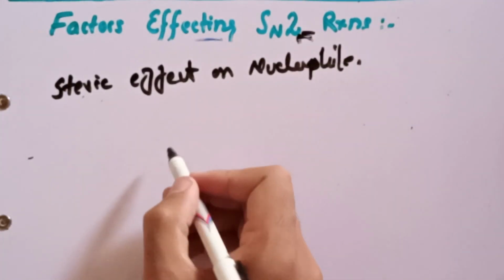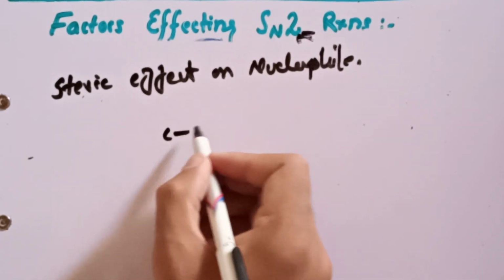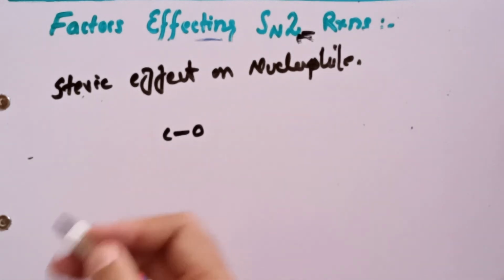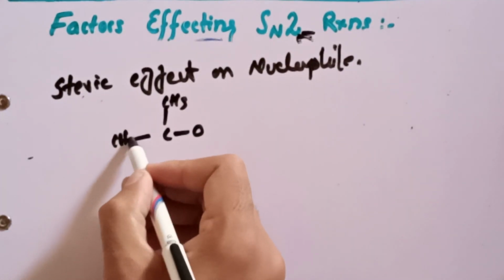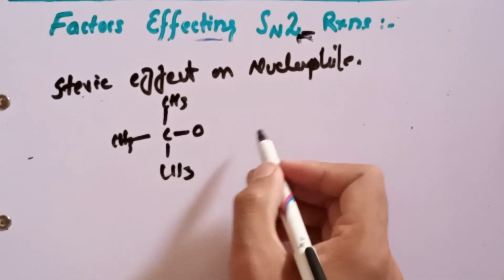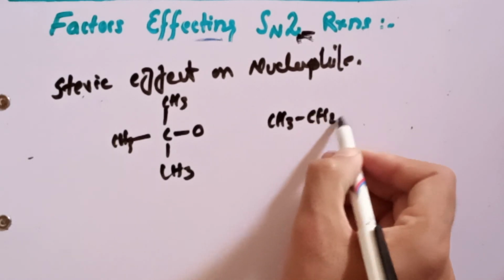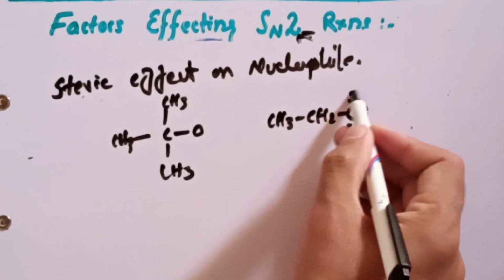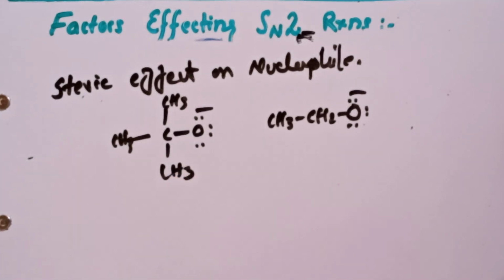Let's suppose here are two cases, as I already explained: tertiary butoxide ion and ethoxide ion. In both cases, oxygen has a negative charge and has lone pairs of electrons that can be donated, so it can act as a nucleophile.